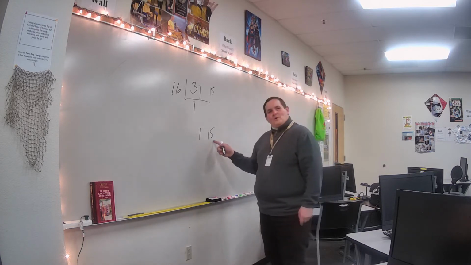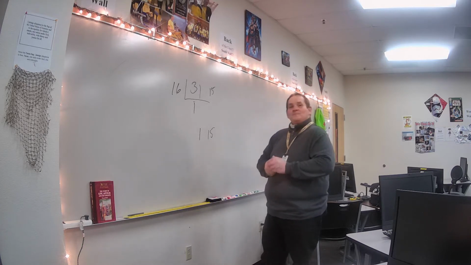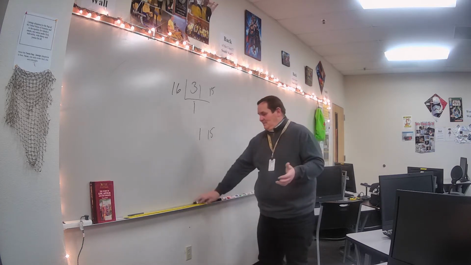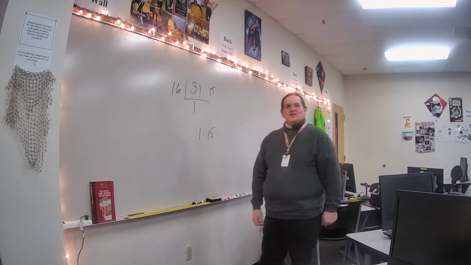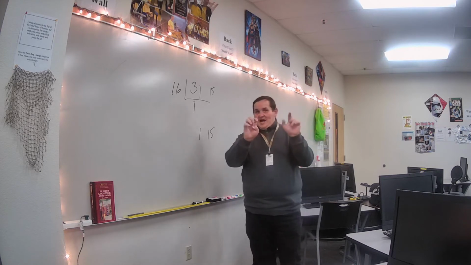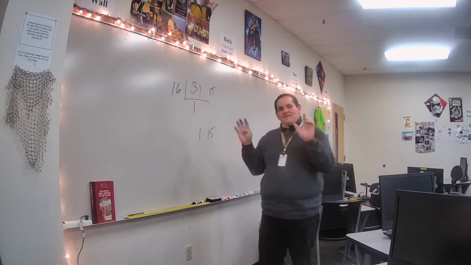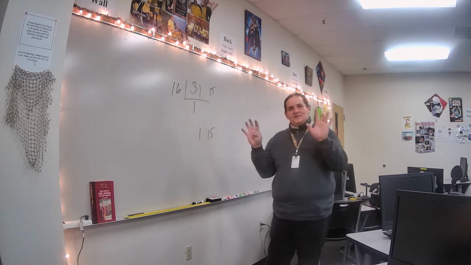Remember, we're past base 10, so we have to convert that into letters, don't we? Remember how it goes? 9, right? We've got 9 fingers. We're at 9, and because we're past it, we have to finish out the single digits.